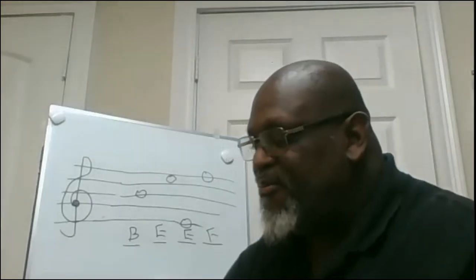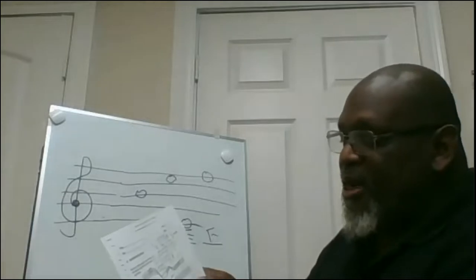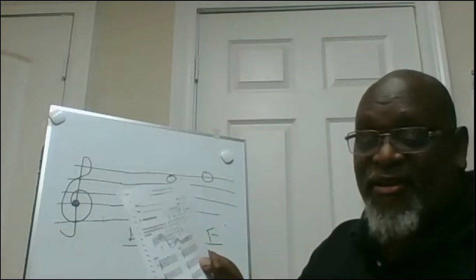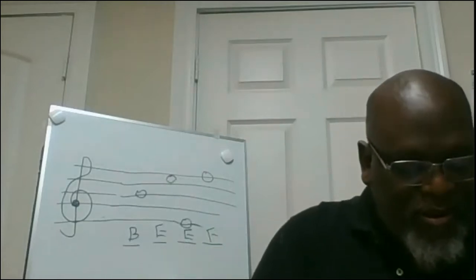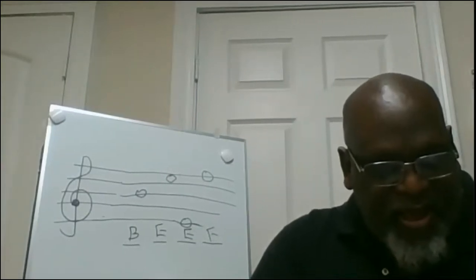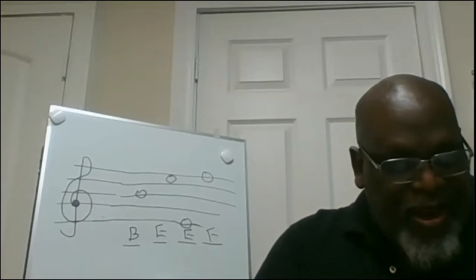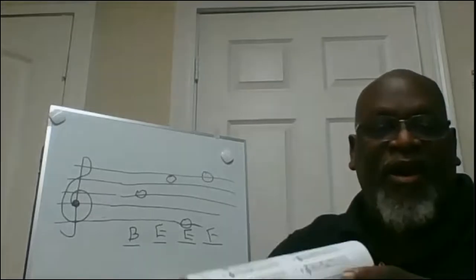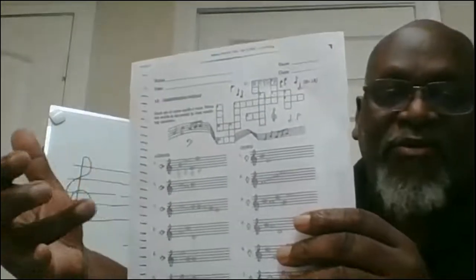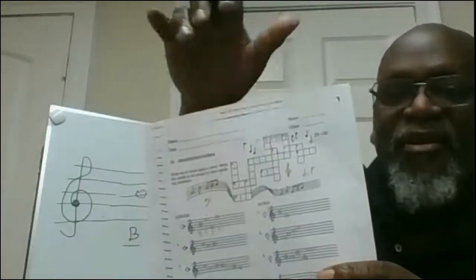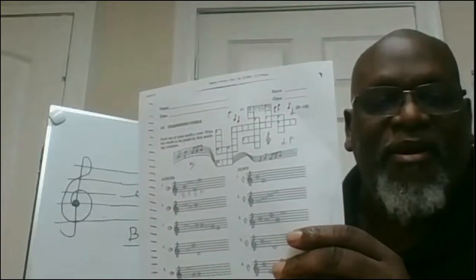And so what I would do, number one across, find number one across on there, and then I would write right in there, B, E, E, F. And I would write it up under here, B, E, E, F. That way, I can have it written here under each note, and I would write it here in the crossword puzzle.